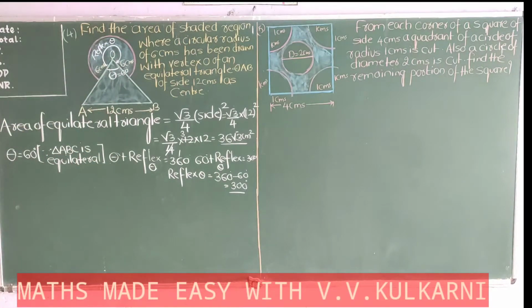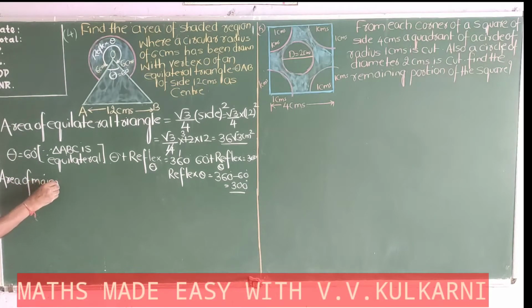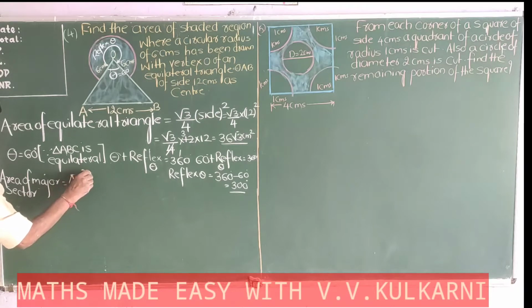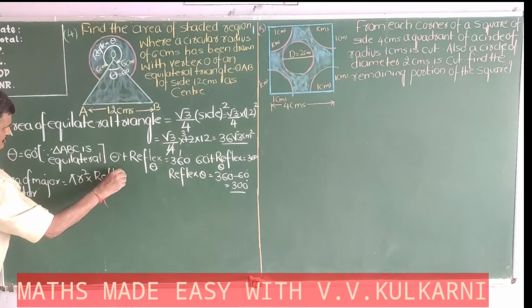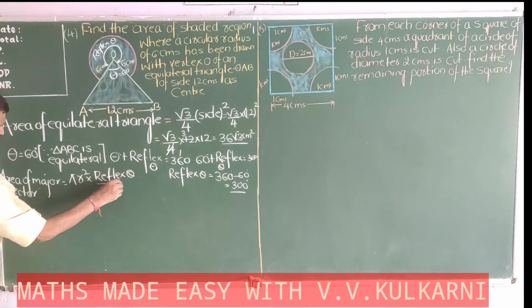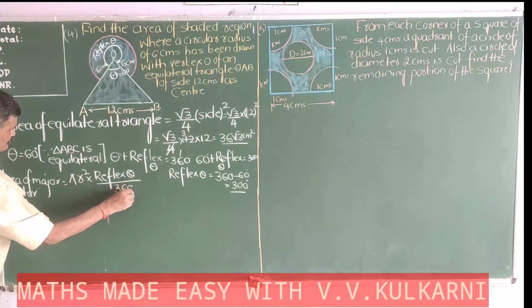So what will we do here? Area of major sector I will say, is equal to pi r square multiplied by reflex theta divided by 360.